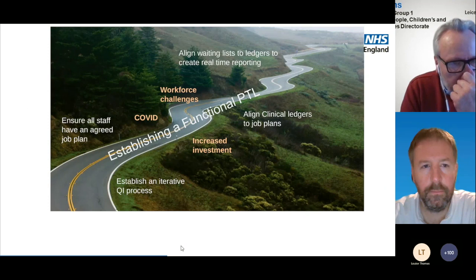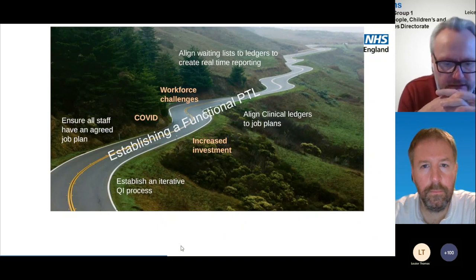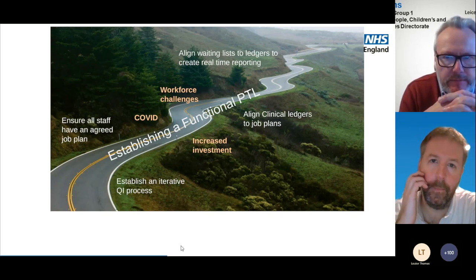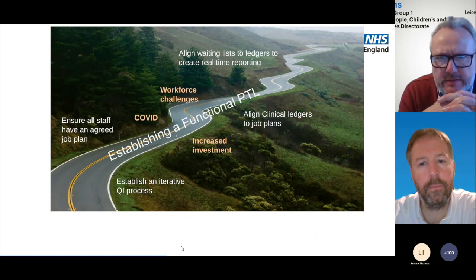Okay, so we've been on a journey to establish a functional PTL. We started as an iterative QI process, but the foundations for it were really around job planning for all of our clinical staff, and this was something that was quite scary, I think, to a lot of the clinical staff within CAMS, probably medics aside.